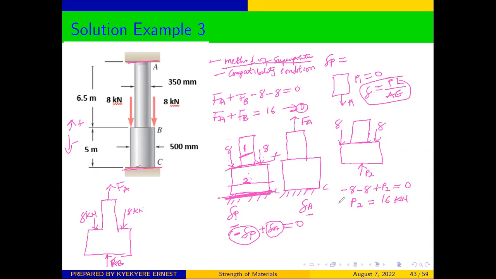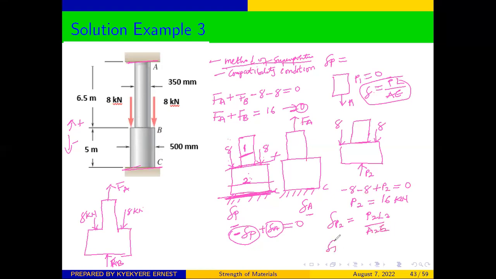And once you have been able to do that, you can calculate the deformation as a result of P2. And that will be equal to P2 L2 over A2 E2.